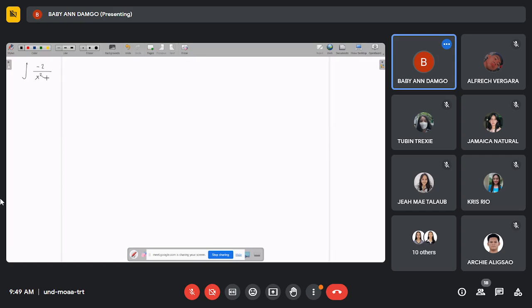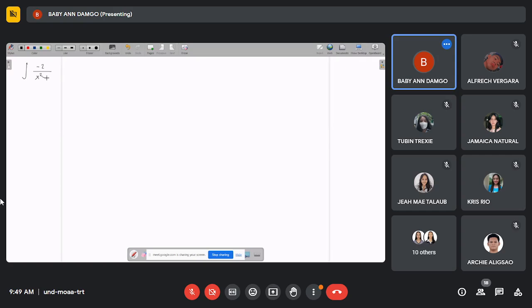Okay, so the next step is that there should be no more denominator, so we multiply both sides by its LCD, x plus 1 times x minus 1.